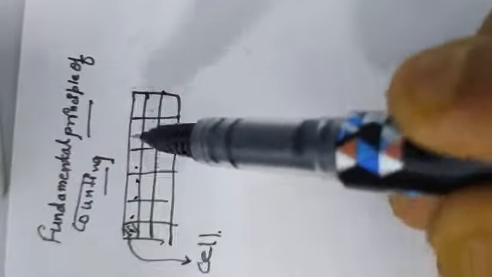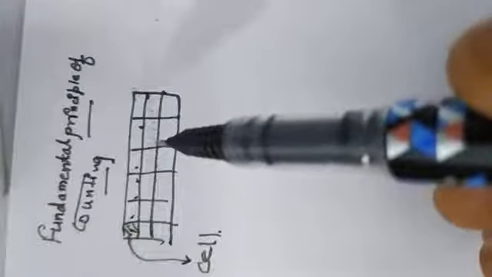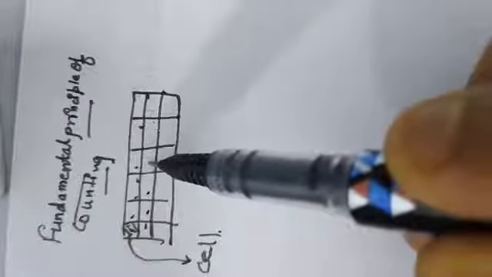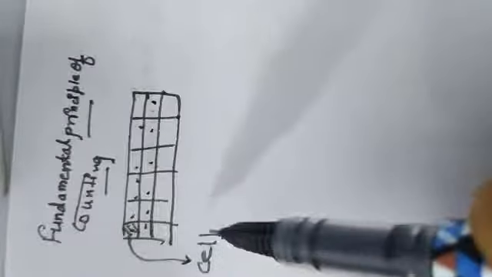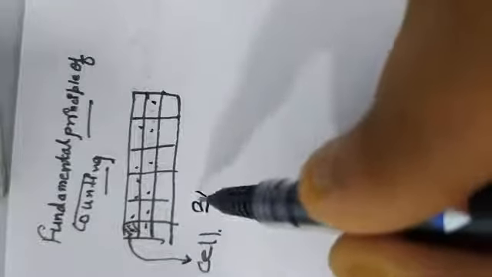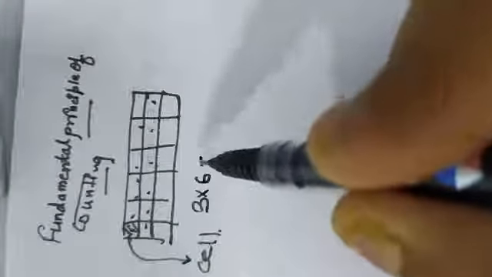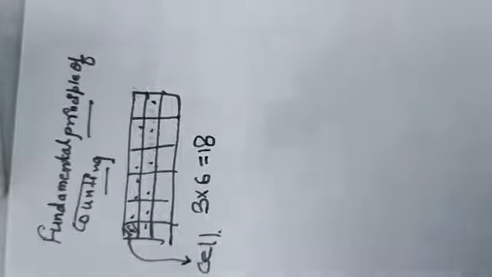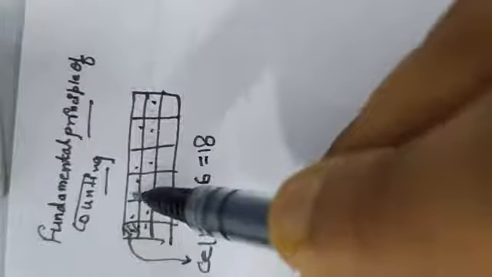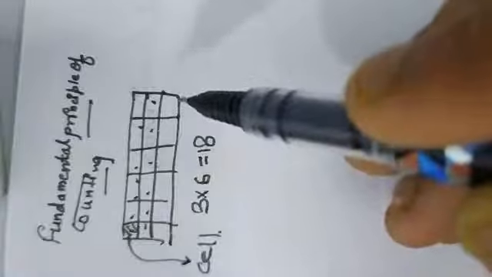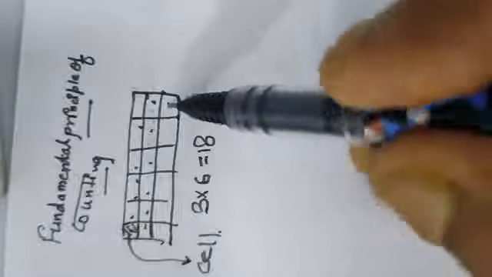Either I add 1 plus 1 plus 1 plus 1 and count by adding 1 each time, or I count the number of columns, 6 columns and 3 rows, and multiply the number of rows with the number of columns, I get 18. And if I count 1, 2, 3, 4, 5, 6 and so on, then I will get 18 at the last. So the answer is the same.